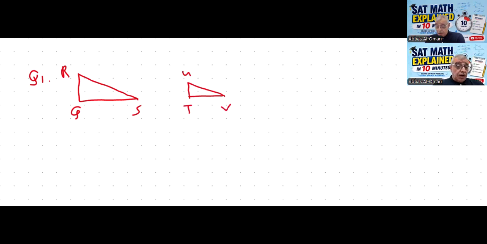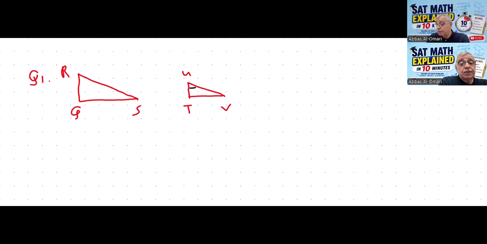Now we know the cosine of angle U. We are given the cosine of angle U, this angle, and we are asked what's the cosine of angle R, this angle.